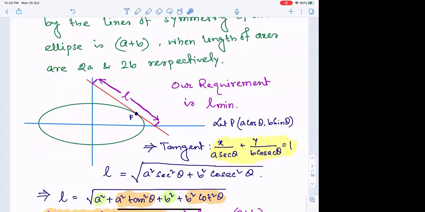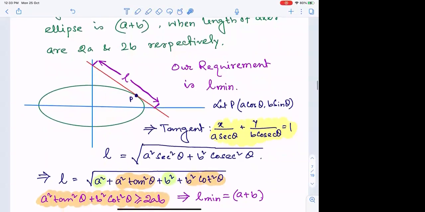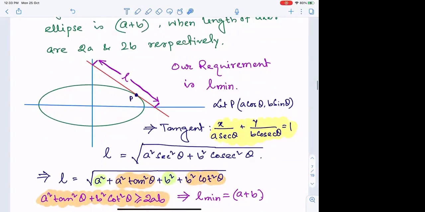So the product is constant and known to us, and we are willing to minimize the sum. So AM GM comparison will be helpful. Using AM GM comparison on these two terms, a square tan square theta plus b square cot square theta divided by 2 is greater than or equal to the square root of a square b square, or simply a square tan square theta plus b square cot square theta is greater than or equal to 2ab.